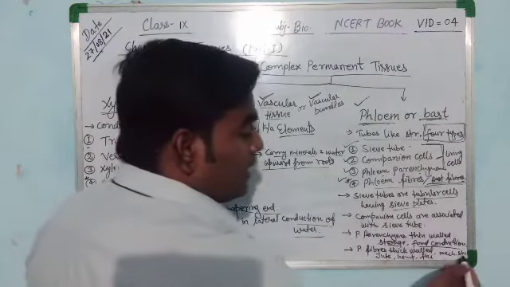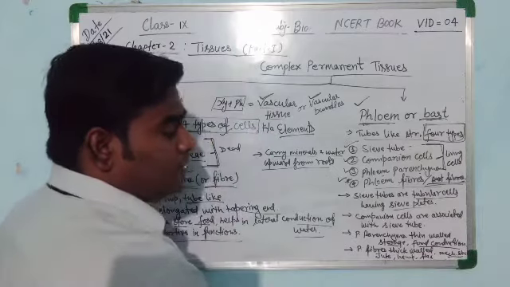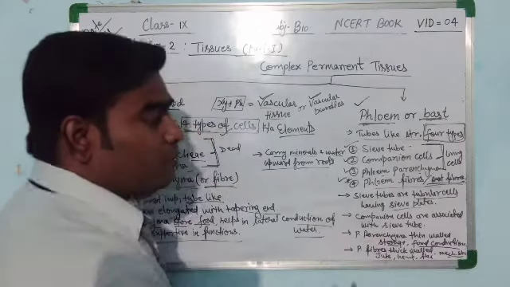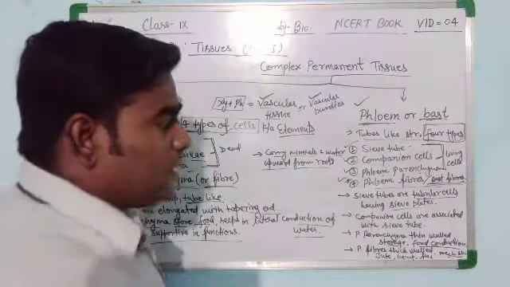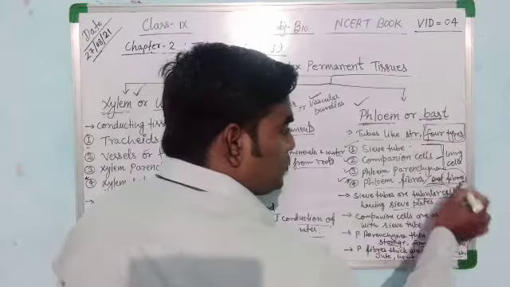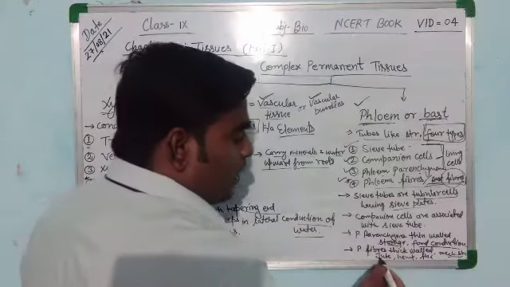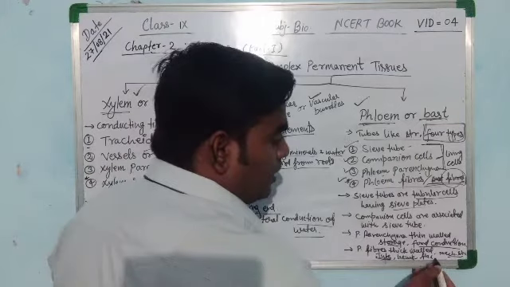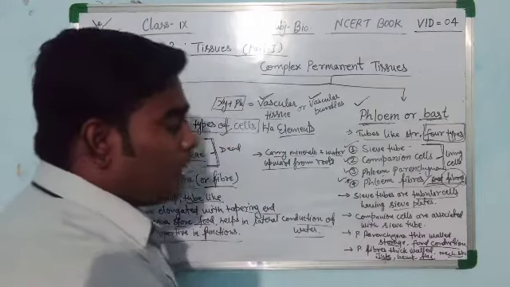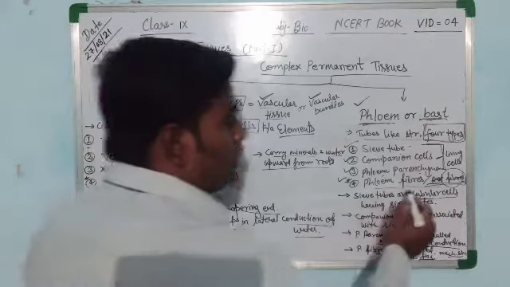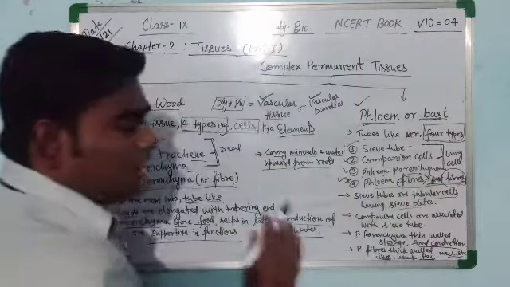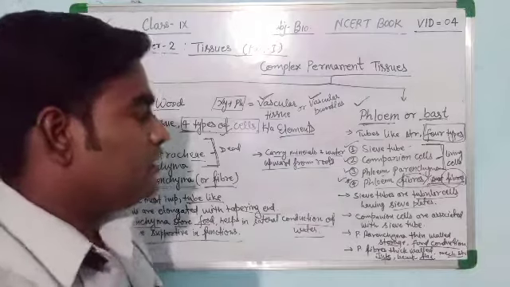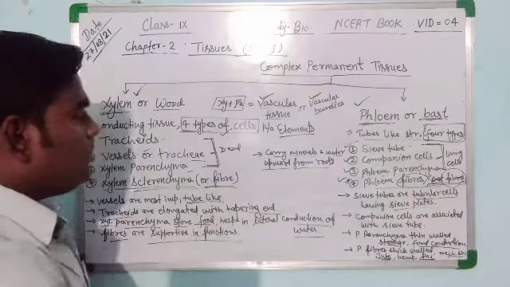They provide mechanical strength to the plant and have very good economic importance. They are also known as bast fibers, and many fibers like jute fiber, hemp fiber and flax fiber are obtained from phloem fibers. So they have good economic importance.